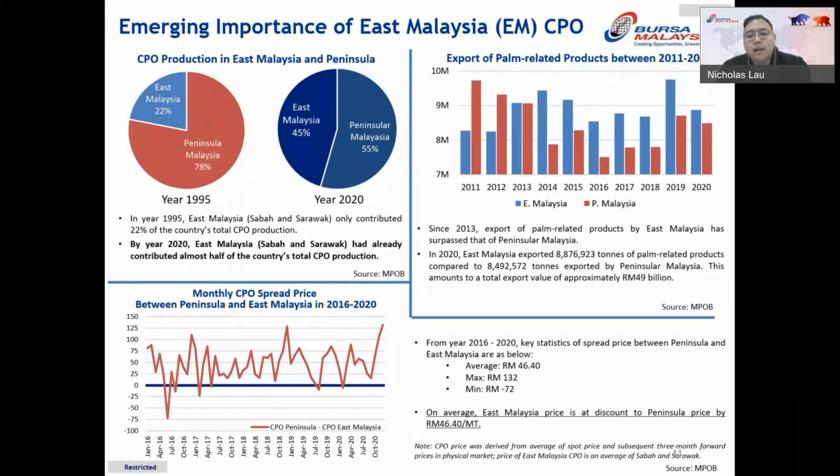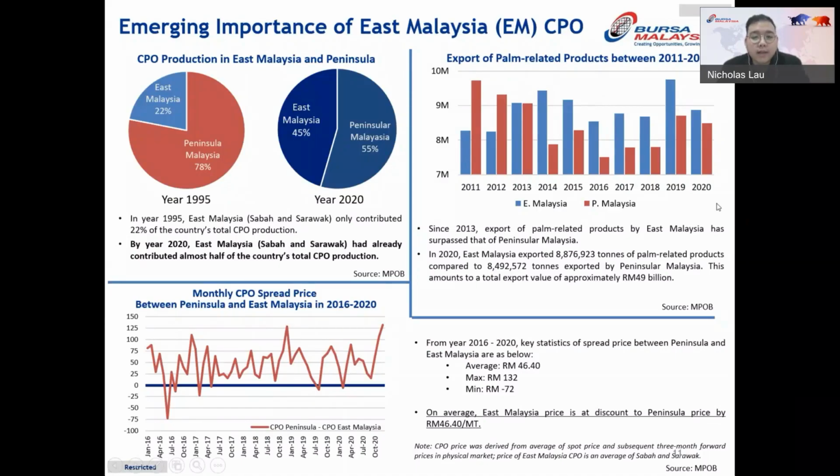So what this means is that the export activity in East Malaysia is actually booming. The fact that the export levels are much higher than Peninsular goes to show that the industry there is definitely a really active one as compared to maybe 10 to 20 years ago. So again, this is something that we cannot ignore.